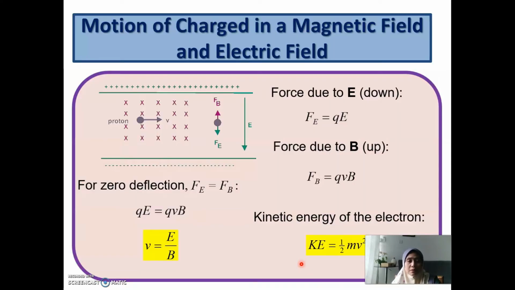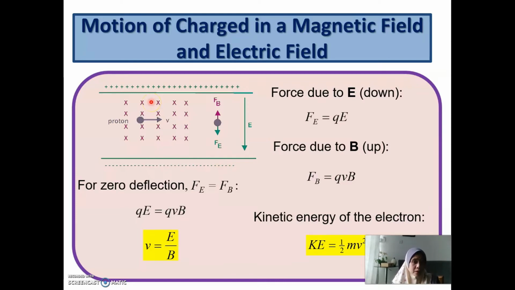Now we go to the charge moving in both fields. We have a magnetic field and also an electric field. As we can see from the figure, we have a positive charge, a proton, entering parallel between these two plates.